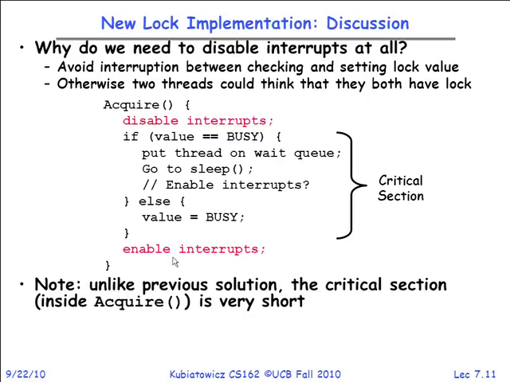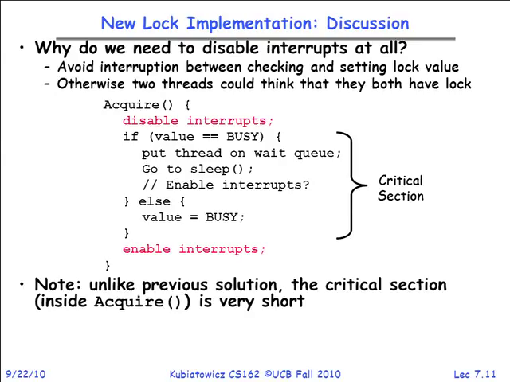Now I'm seeing some confused looks. You have to separate the implementation of the lock from the use of the lock. If you have some code that acquires the lock, computes 1,000,000 digits of pi, and then releases the lock, that's okay, because we only disable and enable interrupts during the period of acquiring and releasing the lock, not during the critical section which the user program is using.